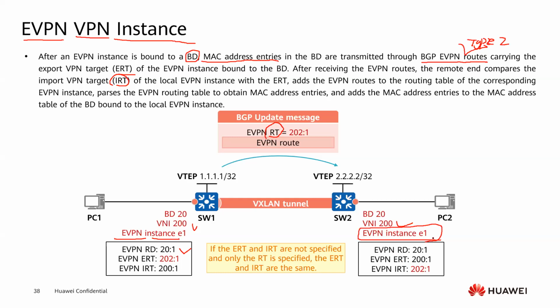If it can find an instance that has the same RT value as the RT value carried in the BGP routes, it will install the MAC address carried in the EVPN routes into its local MAC address entry.